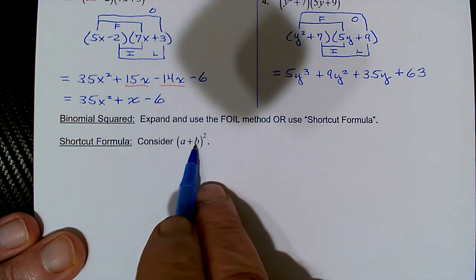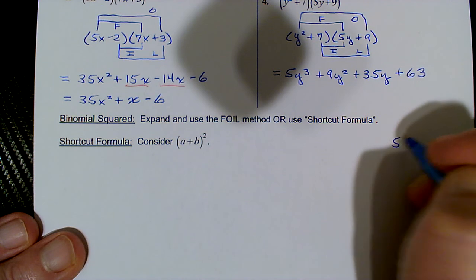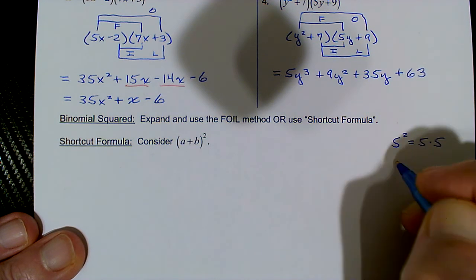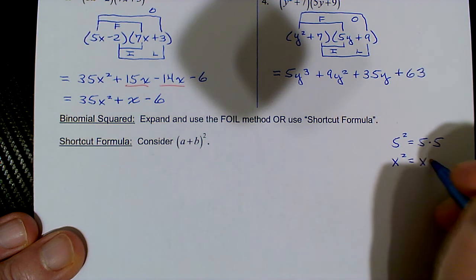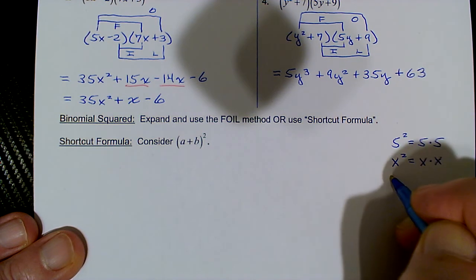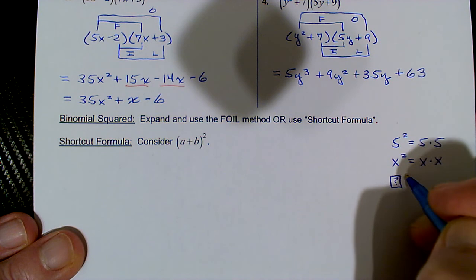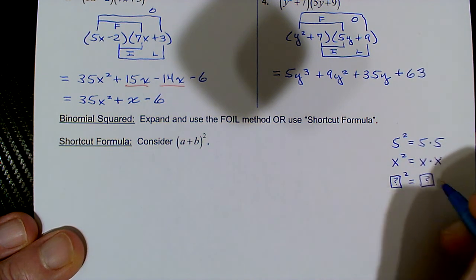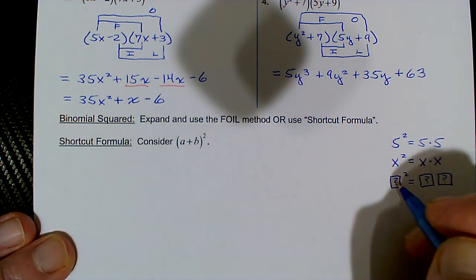If you consider a binomial that's squared, we know that anything squared just means, for example, 5 squared means 5 times itself. x squared equals x times x, no matter what it is, even if, let's say, a question mark in a box squared means question mark in a box times question mark in a box. So it just means 2 factors of that thing.